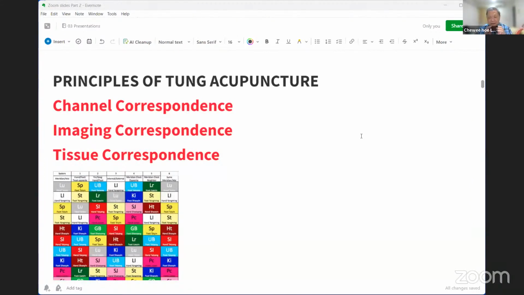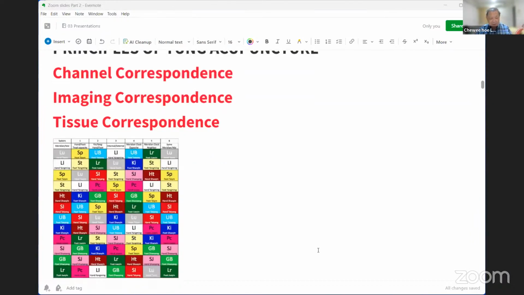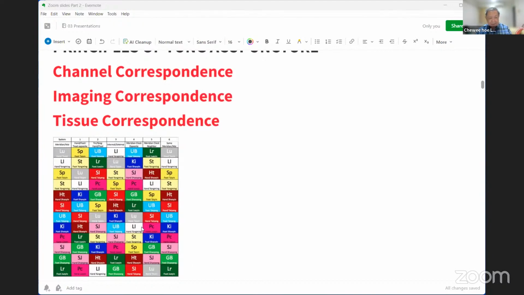Dr. Tan's balance method is a channel correspondence school of acupuncture. He's 100% talking about the relationship between channels. And this relationship is sitting inside the Tung system. And I use this Dr. Tan channel correspondence when I want to practice channel correspondence: one channel to treat another channel.